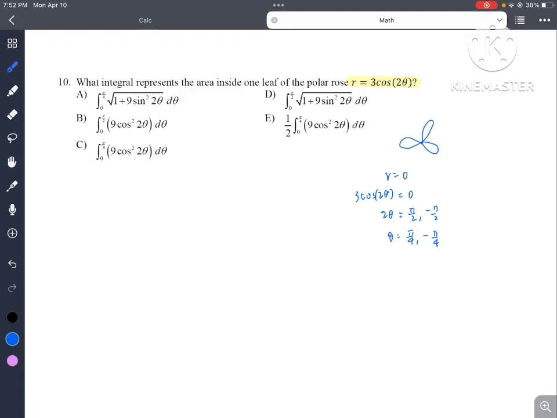So these are just two values where r is equal to 0, meaning that it's at the origin.